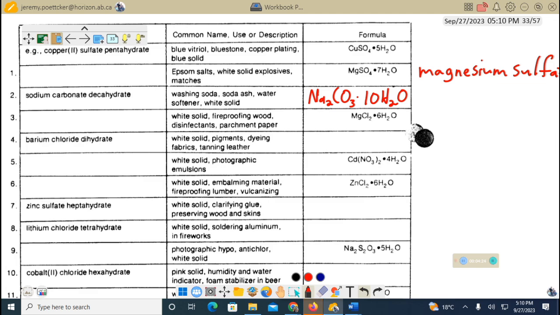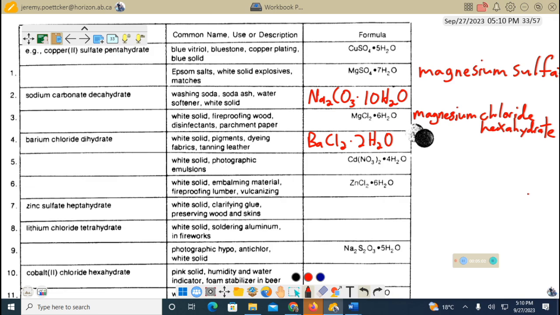All right, number 3 here, we've got magnesium chloride hexahydrate. That was fun. There we go. Barium chloride dihydrate. It's going to be BaCl2.2H2O.